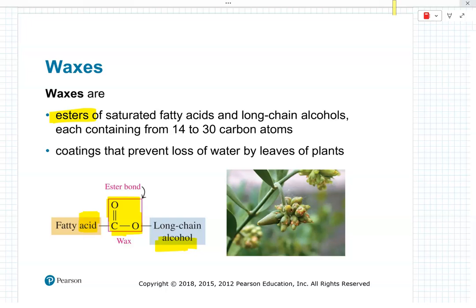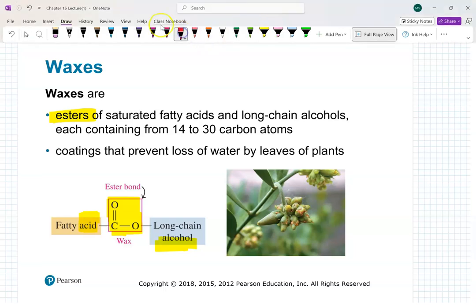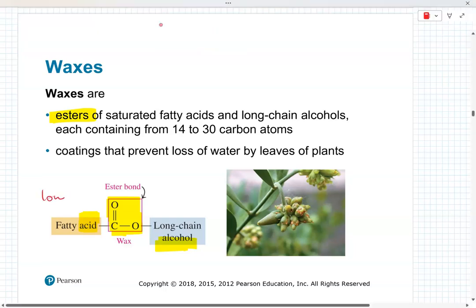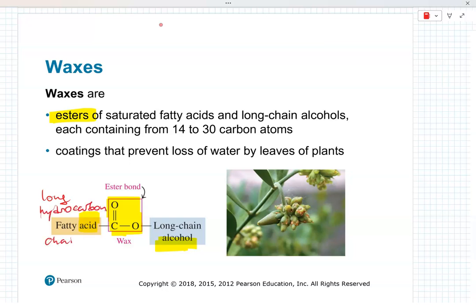So you have, hear me out, a really long hydrocarbon chain of a fatty acid, and you have a long hydrocarbon chain with alcohol.